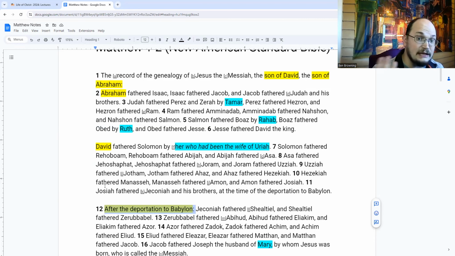Now, one really important place where you see this happening is not necessarily a genealogy, but it's close to it, and that is in 1st and 2nd Kings, where for each king you have their father mentioned, and oftentimes their mother as well. He was born to this king by this mother.